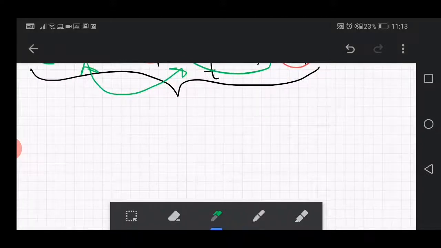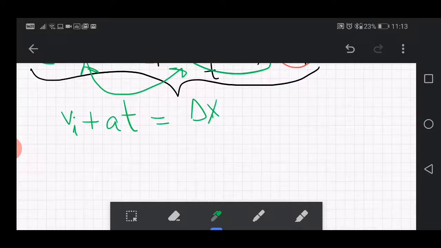Therefore, initial velocity plus at is equal to twice the displacement divided by the time interval minus initial velocity.